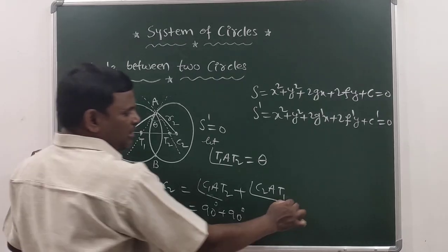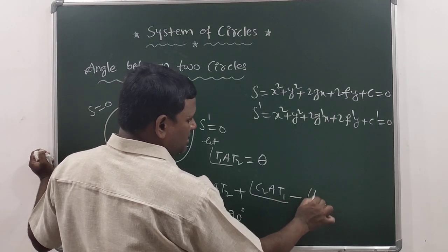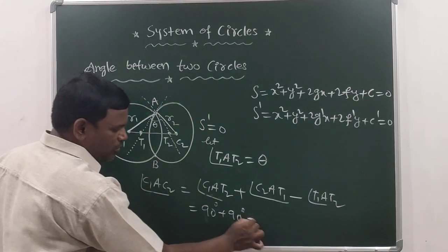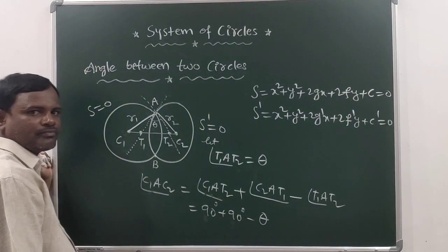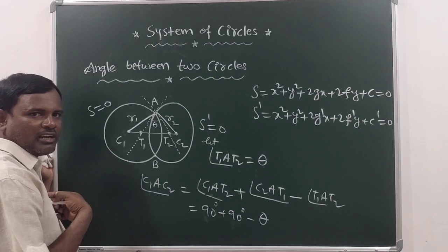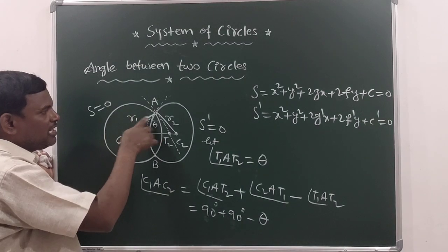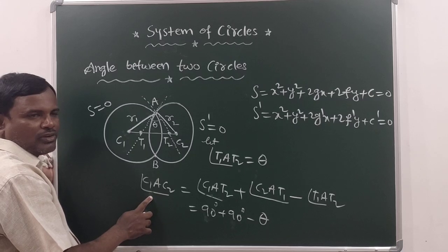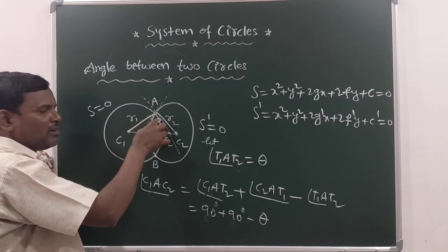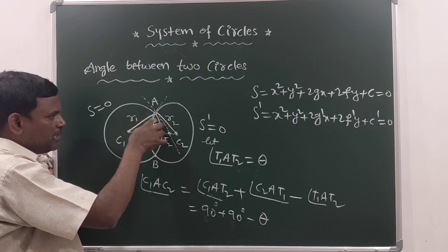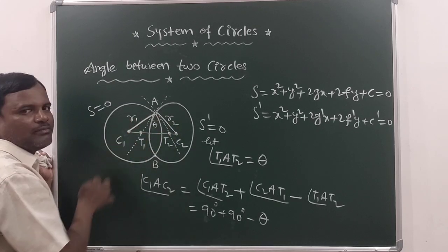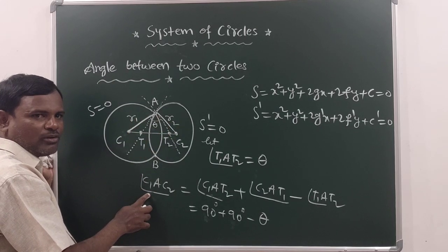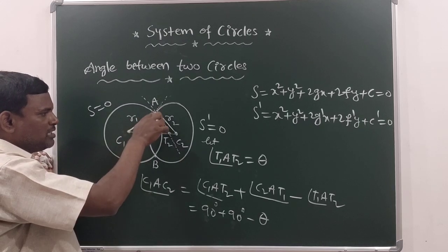So that one time, this angle between the tangents, I am subtracting, which is equal to theta. What is my aim here? I want this vertical angle in this triangle C1 A C2, to find C1 A C2, which means the vertical angle of this triangle. So to measure this angle, what did I do? I took this 90 degrees.